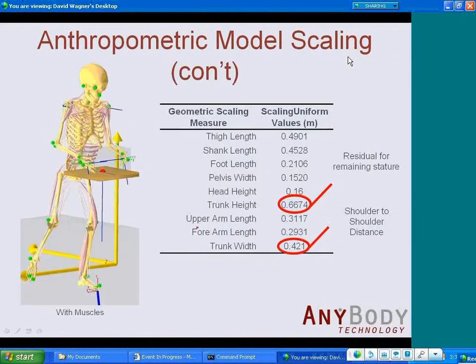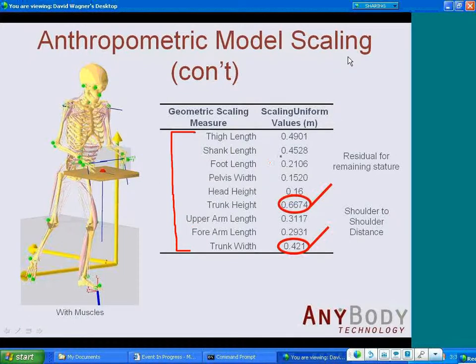Once again, to follow up on the anthropometric scaling of the model in terms of the geometric scaling, we again used the predefined values from the AnyBody and AnyJack files that are available that have predefined scaling metrics in them.